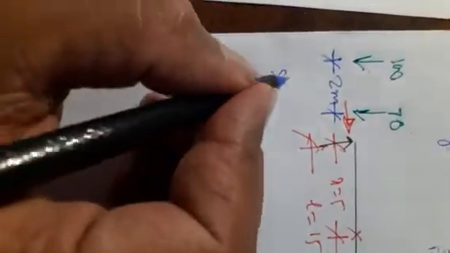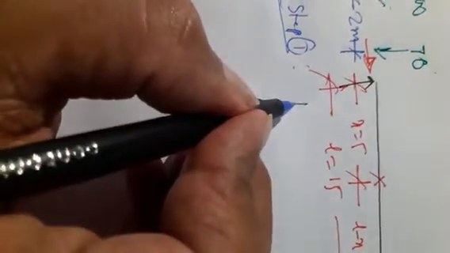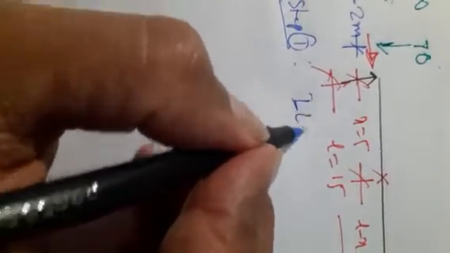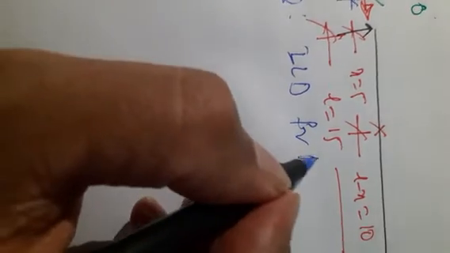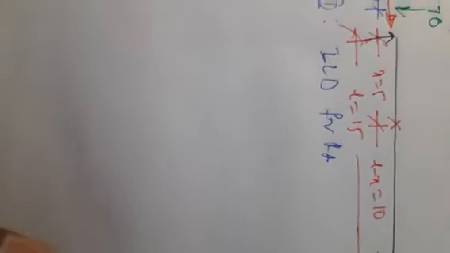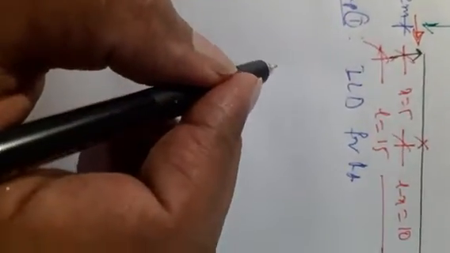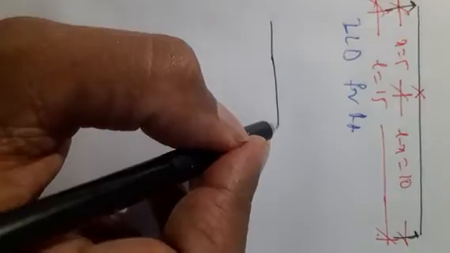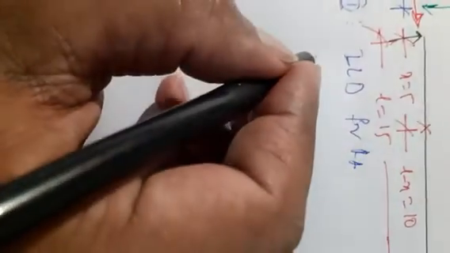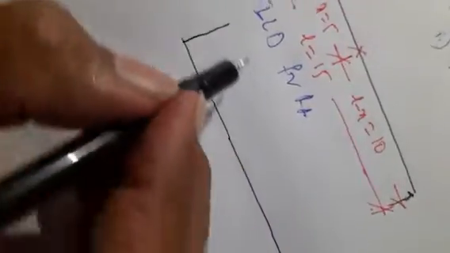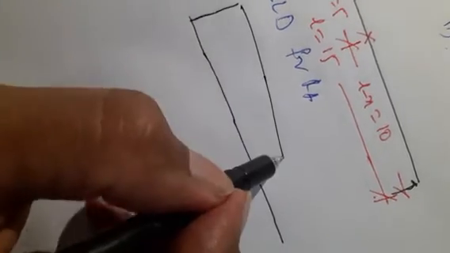Step 1, ILD for RA, reaction at A. Now let us draw the standard triangles. So standard triangle for RA is this.